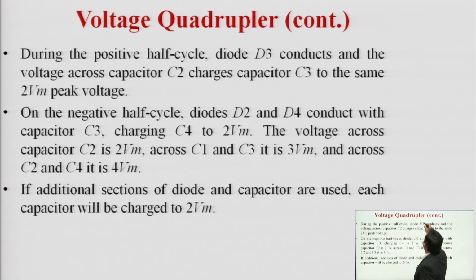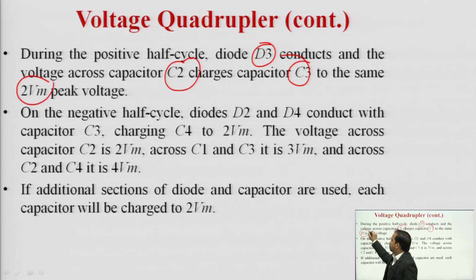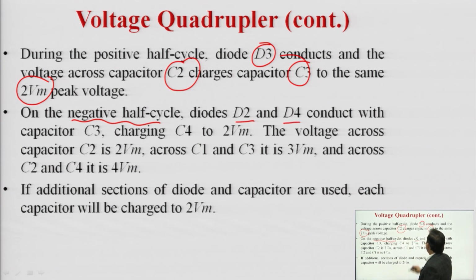Again, if we have diode D3, C2 charges capacitor C3 to a maximum value of 2 times Vm, whereas during the next negative half cycle, D2 and D4 conduct, and the voltage across capacitor C2 is, as previously calculated, 2 times Vm.